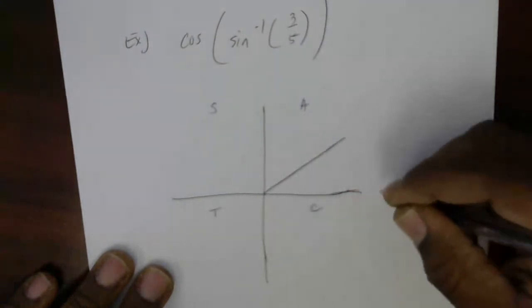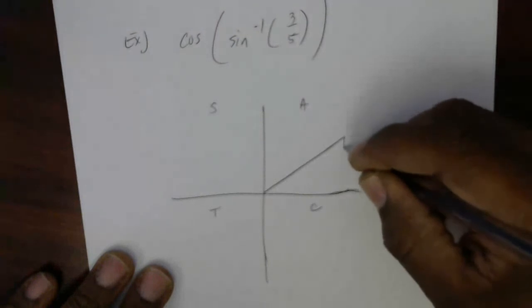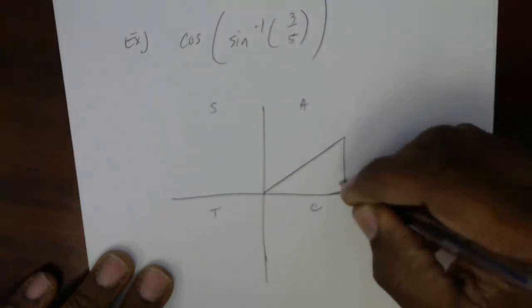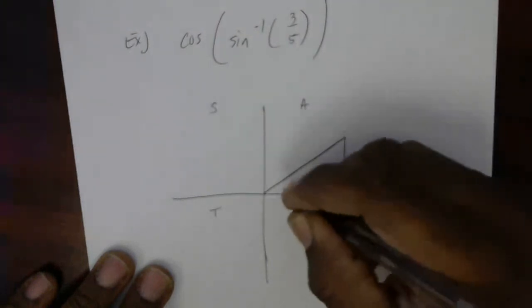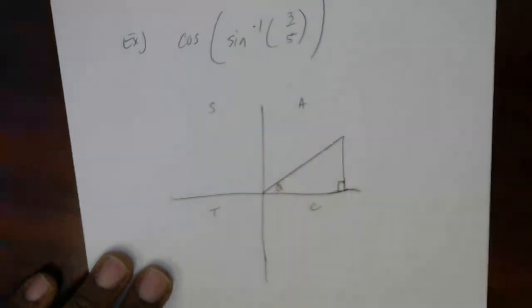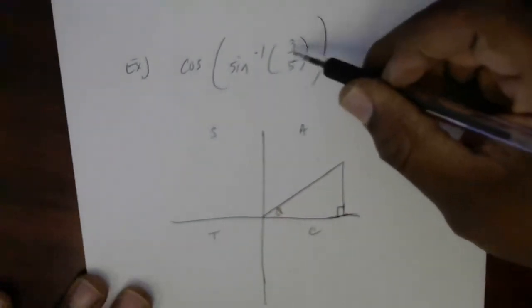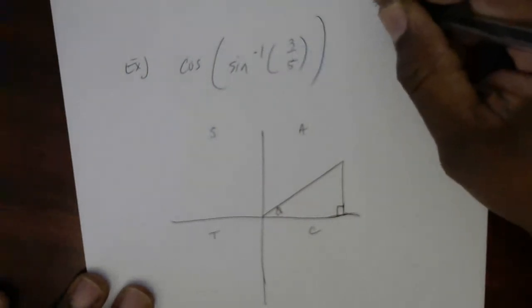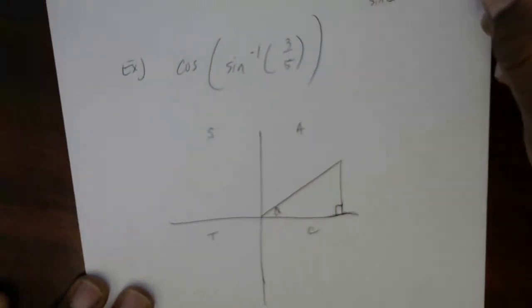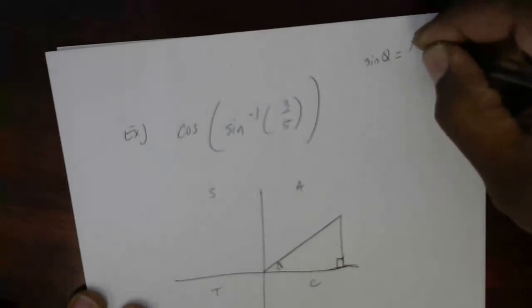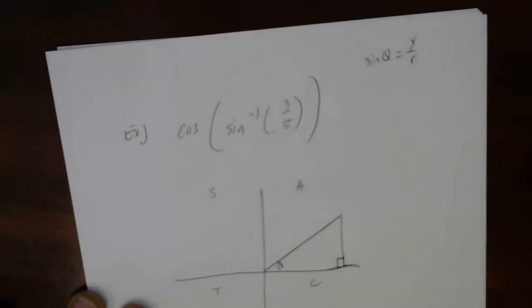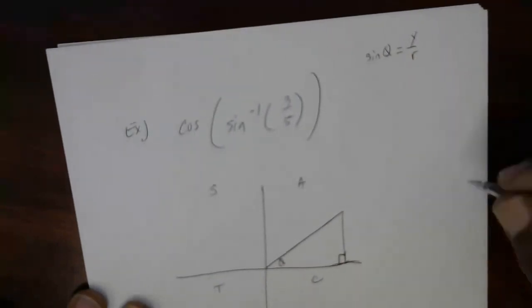So I'm going to sketch out an angle in the first quadrant, and drop a perpendicular, and this is our angle theta. As far as the sine is concerned, the sine of any angle is the y value over the radius, or y over r.